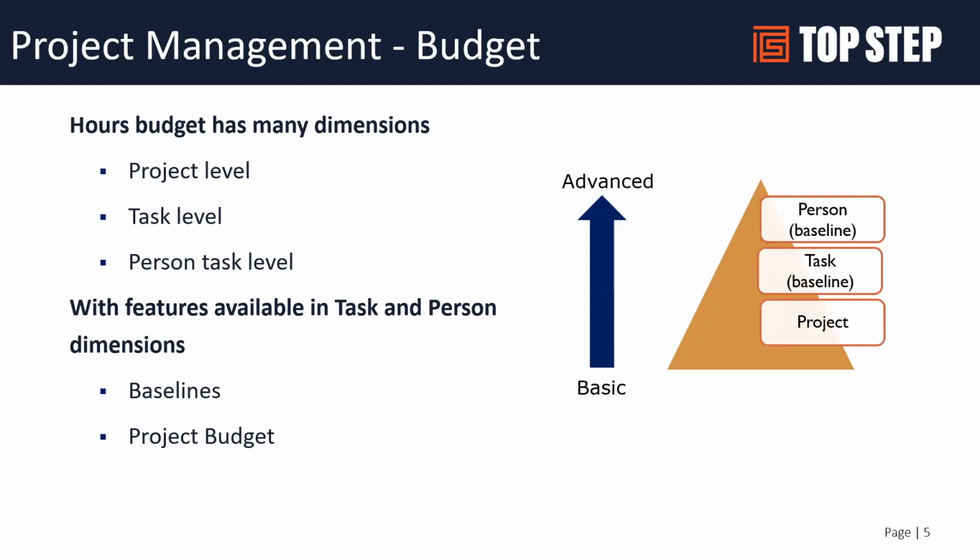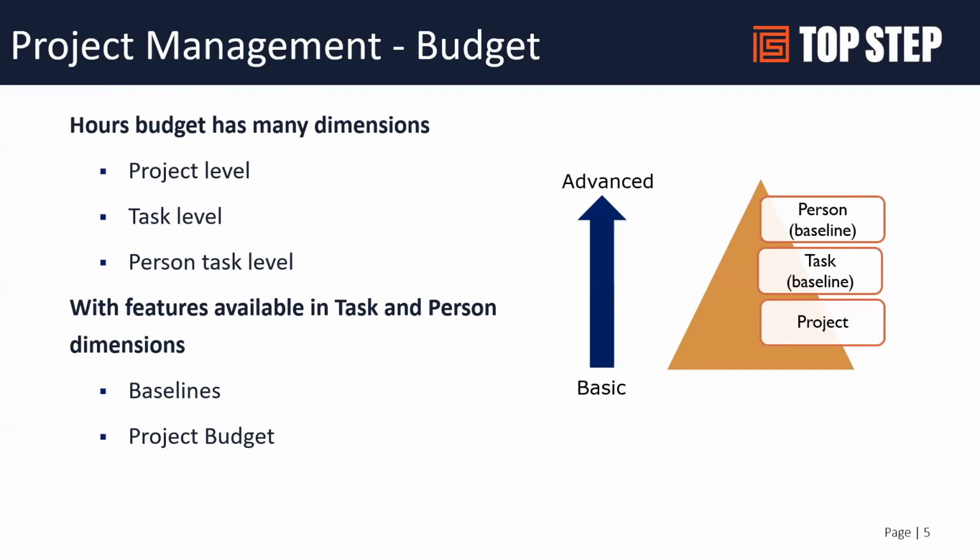When we talk about reporting on hours budgets, there are different levels of budgeting in OpenAir. From a basic level, you can just add a set of budgeted hours at a project. Many customers will use this, but they'll use it in conjunction with some of the other methods.